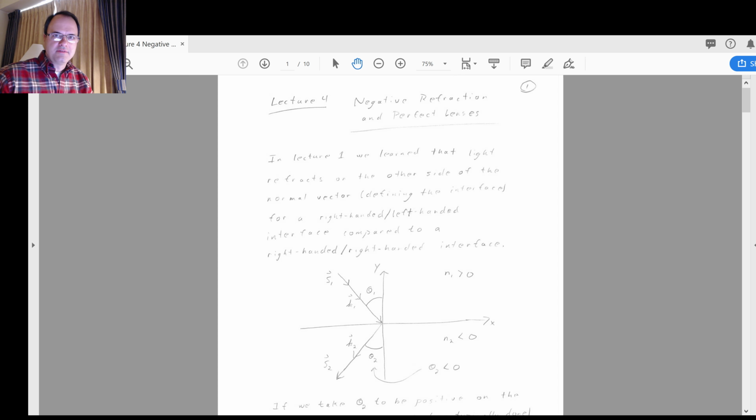So normally all the evanescent beams coming from the object would be lost with lenses made out of regular materials.